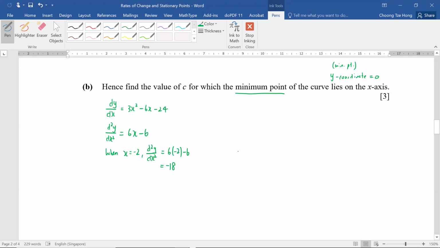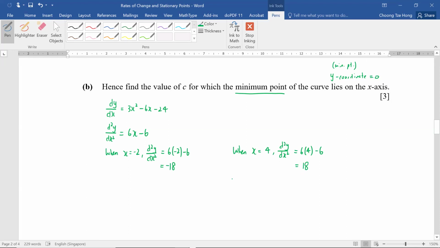Let's try 4. So when x equals 4, d²y/dx squared equals 6 times 4 minus 6. So you have 24 minus 6, you get 18. So indeed, we have a minimum point over here.